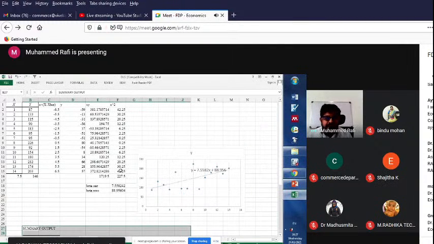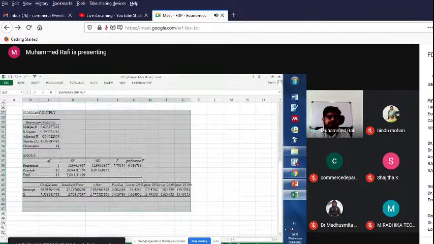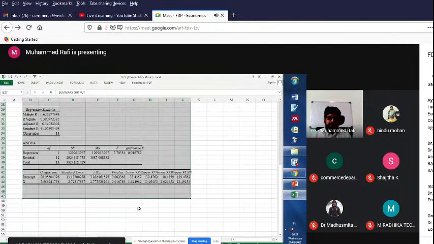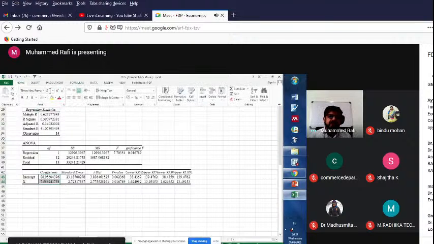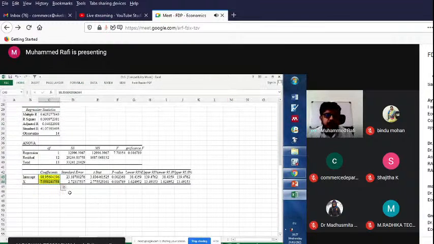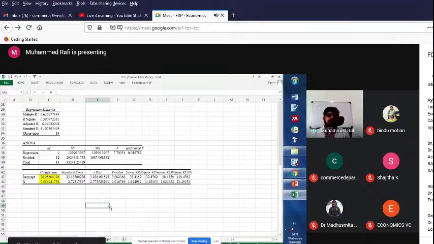If I click here, I get the regression result, where you can see that the intercept and slope coefficients are here. Now, this is how you get the result from a simple regression model, where you have a dependent variable y and independent variable x, and you have also included an intercept.